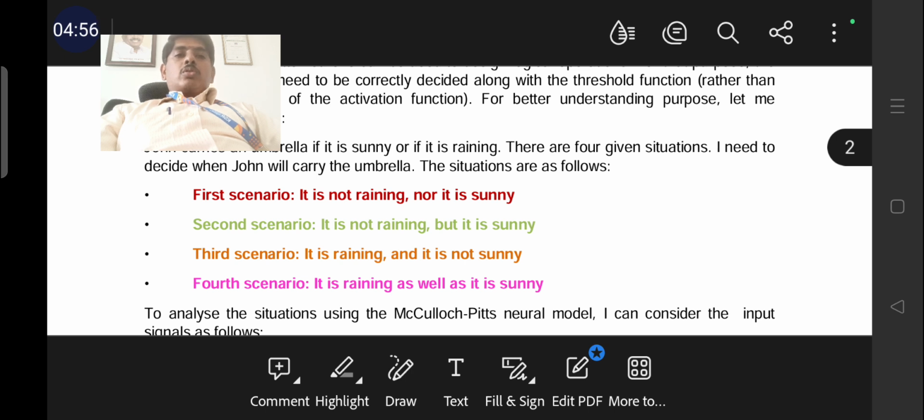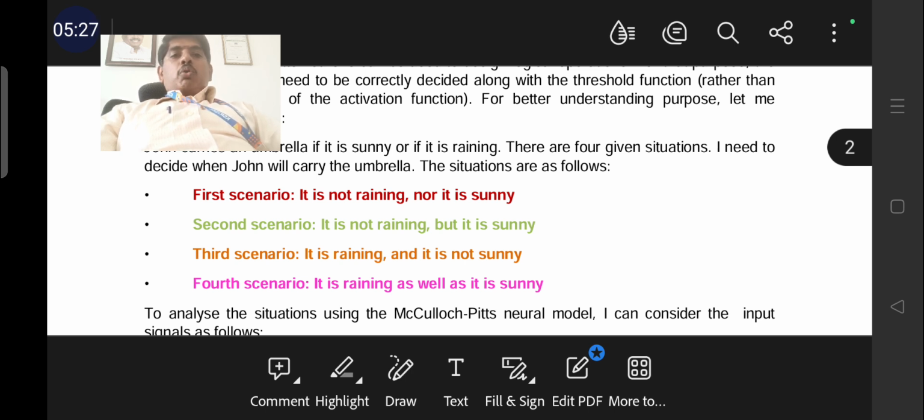Not raining means the value is 0, but sunny means the value is 1, so here 0 and 1. In the first scenario 0 0, in the second scenario 0 1, and in the third scenario it is raining and not sunny, so the input values are 1 and 0: x1 equal to 1, x2 equal to 0.